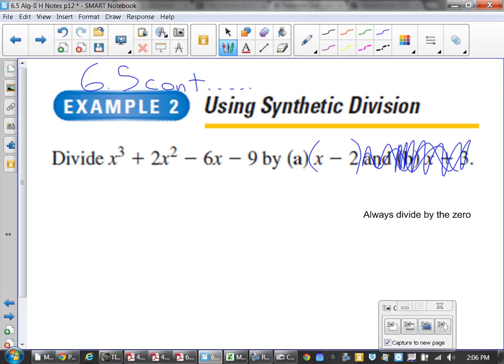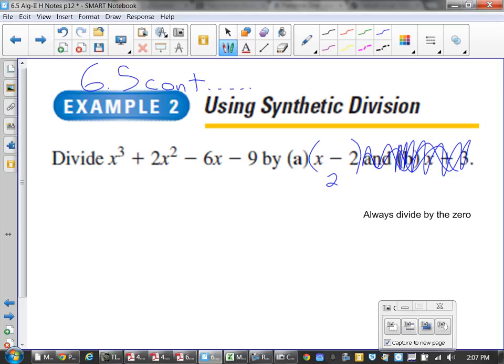Do you guys agree? That would be a term. What would be the 0 of that term? 2. So the 0 of this term is 2. And when we're using synthetic division, we're always going to divide by the 0 of some specific term. That's like the only rule there is.